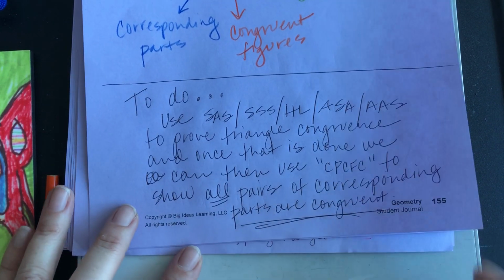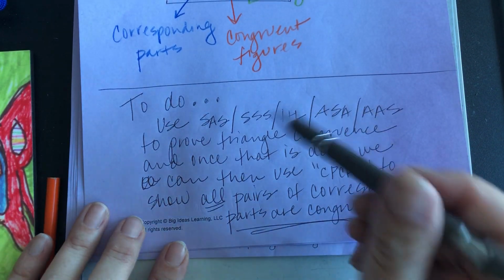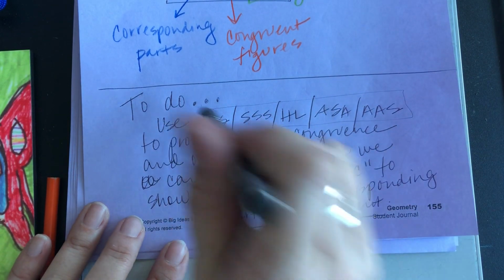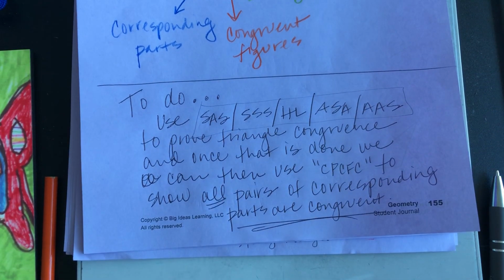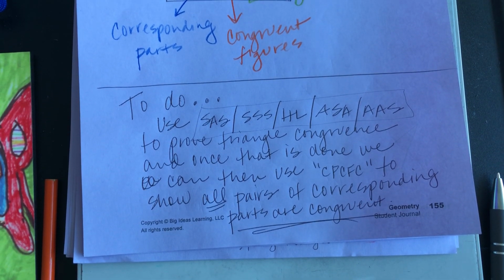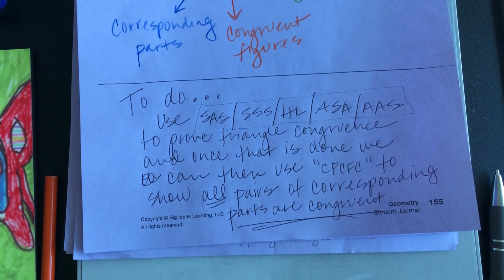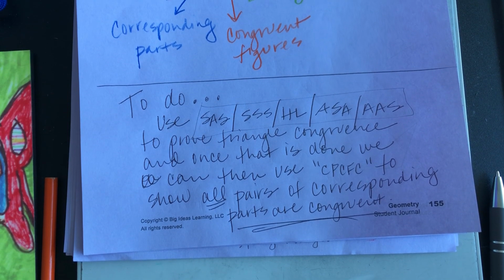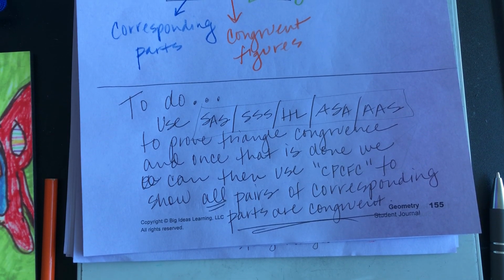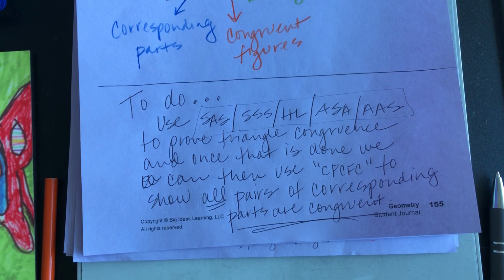So one of these theorems leads us to say two triangles are the same, and then we can go pick up all the other pairs of sides and angles to identify as congruent corresponding parts. Once that is done, we can use the CPCFC, corresponding parts of congruent figures are congruent, to show that all parts are congruent.